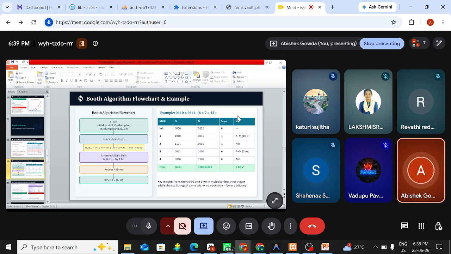Based on those three tasks, the booth multiplier, array multiplier, and Wallace tree multiplier are designed, and based on the procedure we describe them as three types.